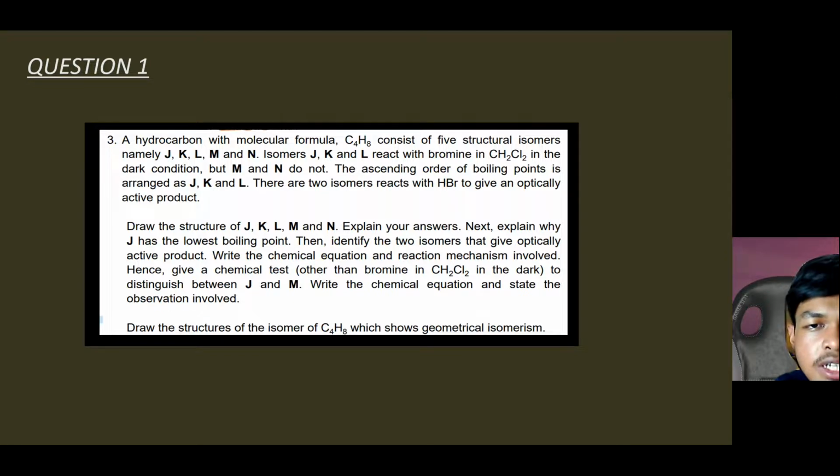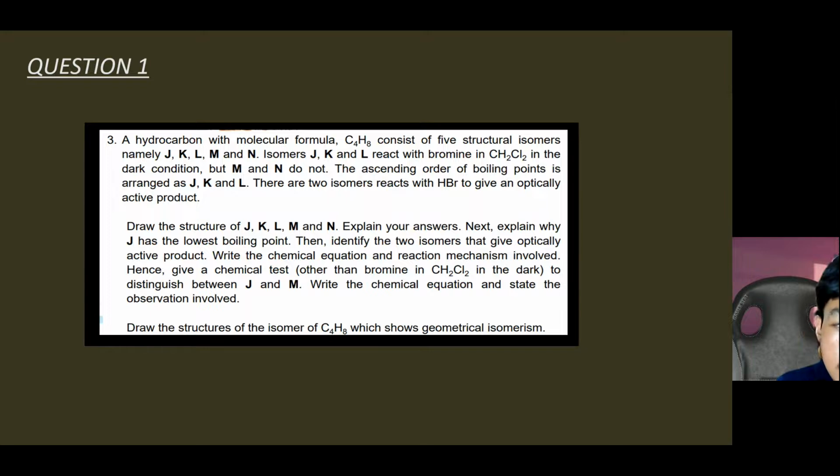Hence, give a chemical test other than bromine in CH2Cl2 in the dark to distinguish between J and M, and write the chemical equation and state the observation involved. And then draw the structures of the isomers of C4H8 which show geometrical isomerism. That is the question for question 1.